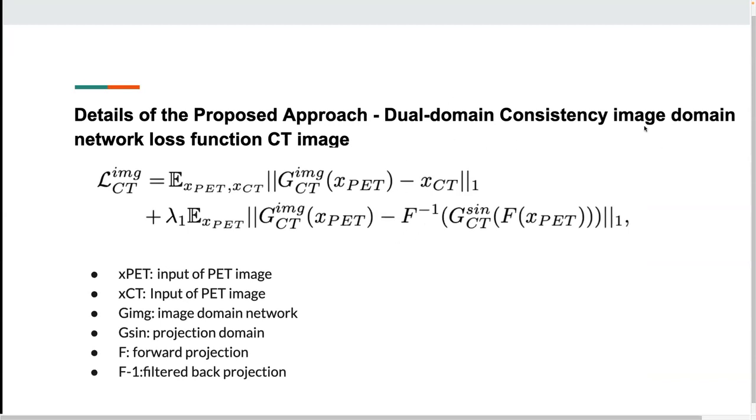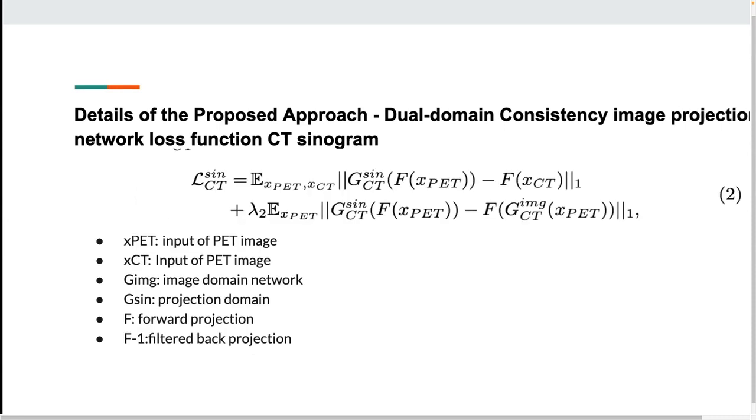I'm going to repeat again. What they have done is 4 neural networks and 4 models. One model trained the image domain with the CT image, and the second model used the image projection for the CT sinograms.